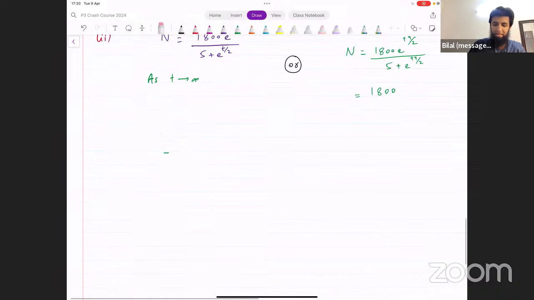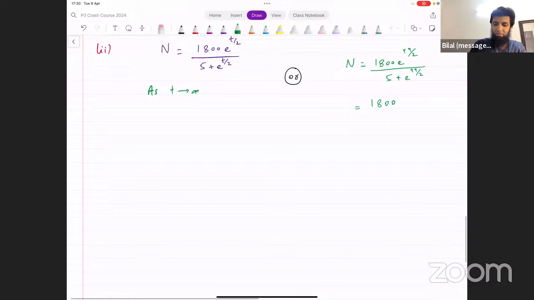So what happens is, as t goes towards infinity, you get something like this. In the numerator, you have 1800 e raised to power infinity. In the denominator, you have 5 plus e raised to power infinity.